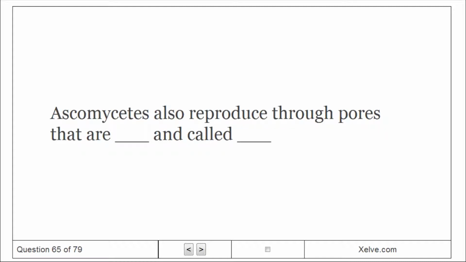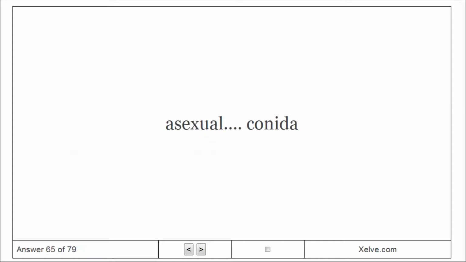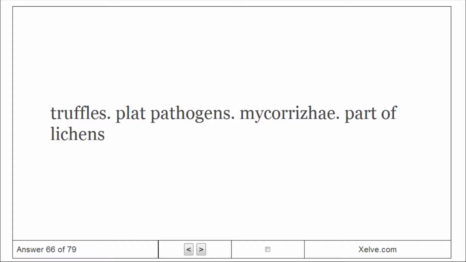Ascomycetes also reproduce through spores that are asexual and called conidia. Four examples of Ascomycetes: truffles, plant pathogens, mycorrhizae, part of lichens.